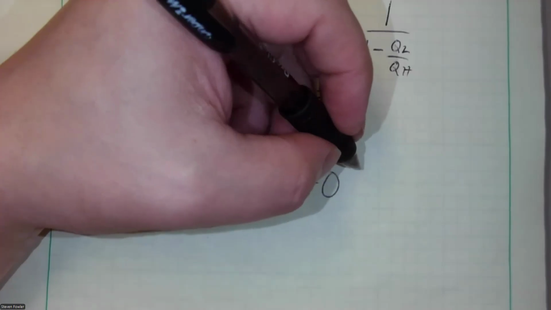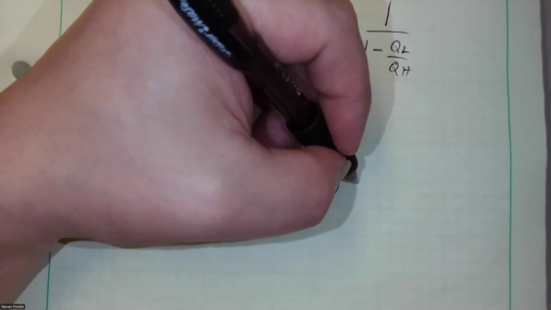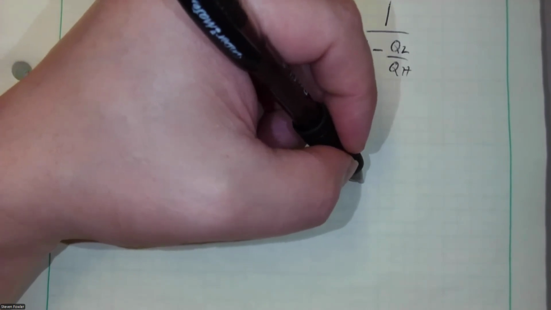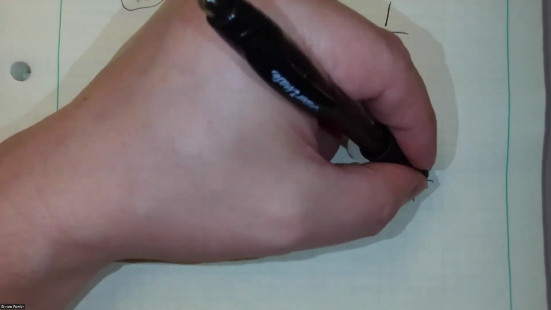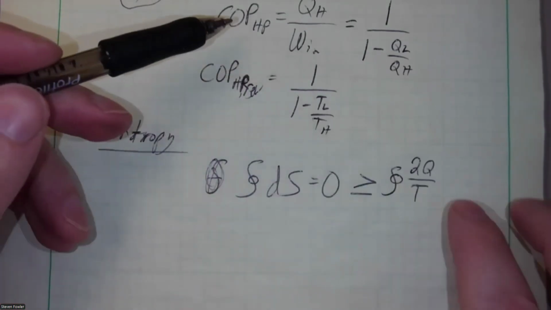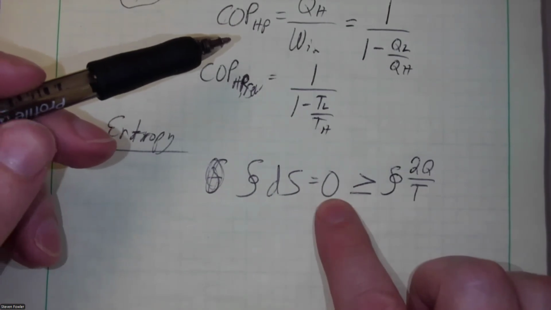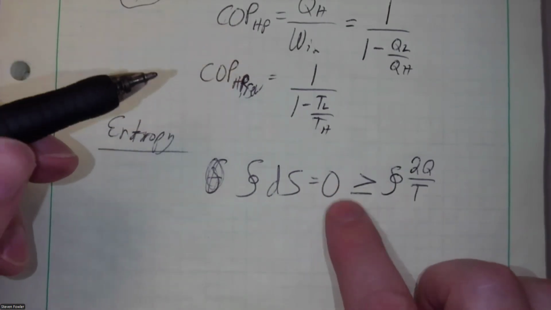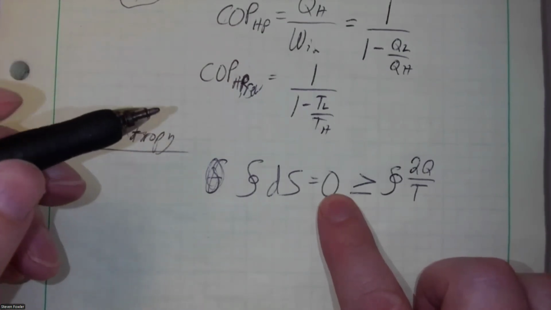But if I also go around that same cycle and integrate all of the heat transfer divided by the temperature at which that heat transfer occurs, this quantity always ends up being negative. It's always less than the 0 that the entropy change comes back to, because the system comes back to its initial state for it to maintain a cycle.